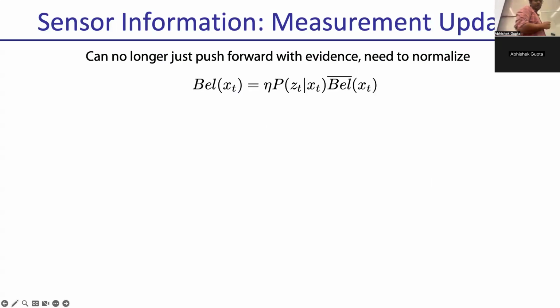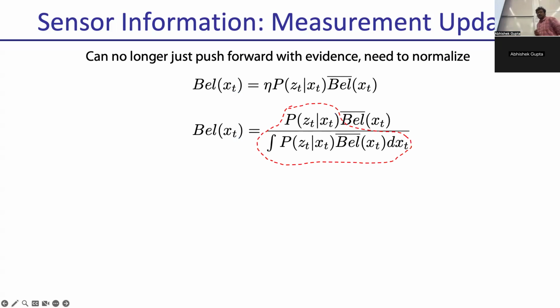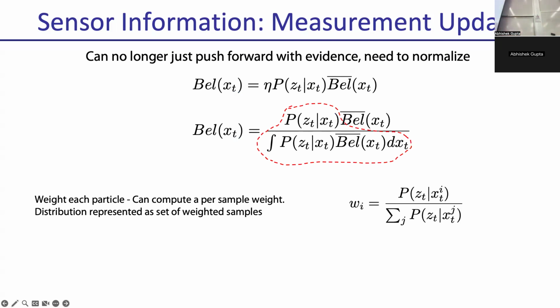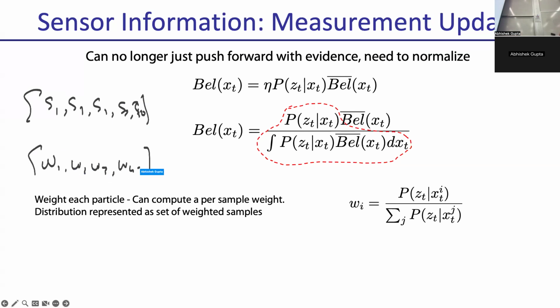Okay, so the trick in a particle filter is that you introduce another element to your data structure. We initially just had a list of states. Now we're going to have a list of states and weights for every particle, right? So your particle filter is going to have essentially two lists. One is going to be S1, S1, S1, S2, S50, whatever, and you're going to have W1, W2, W3, W4, right?